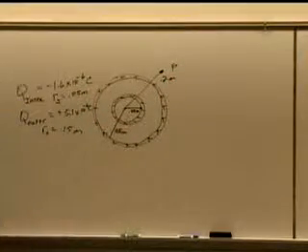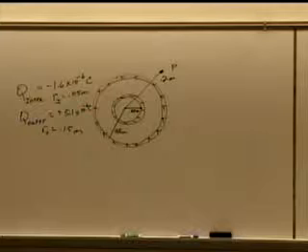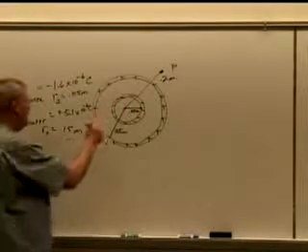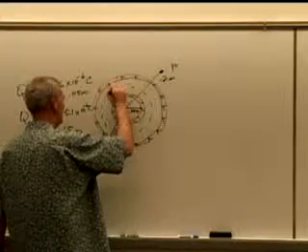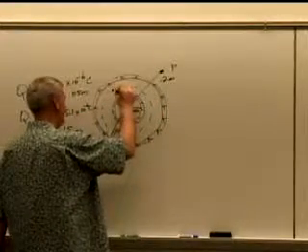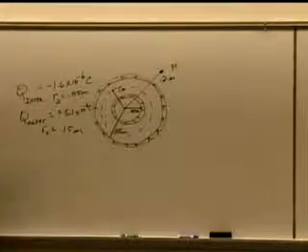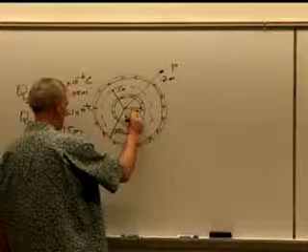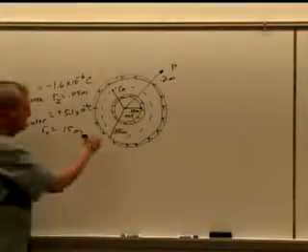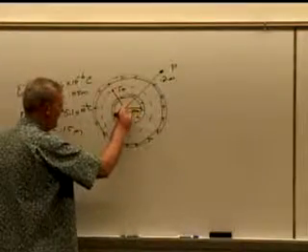Part B is find the electric field at 0.1 meters, right around in here. And they want us to find the electric field at 0.025 meters, right there, this point P right here.